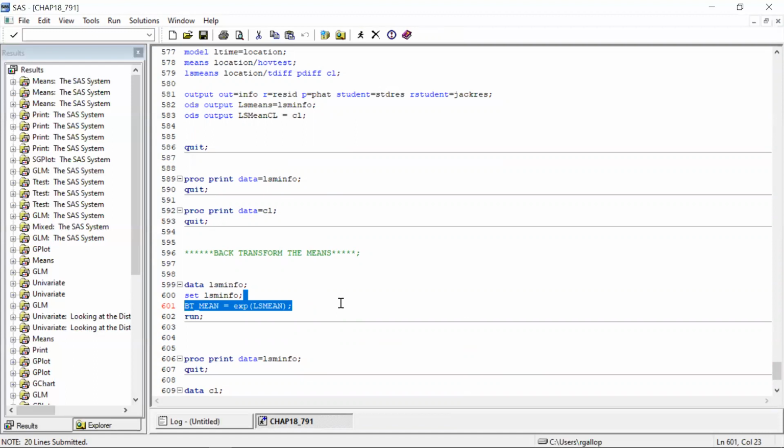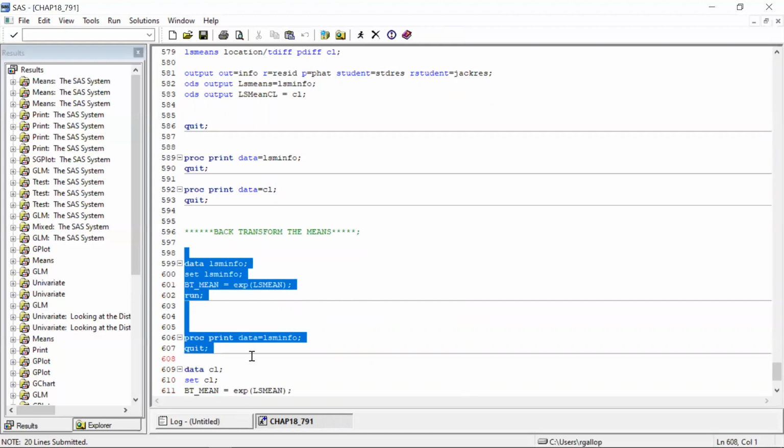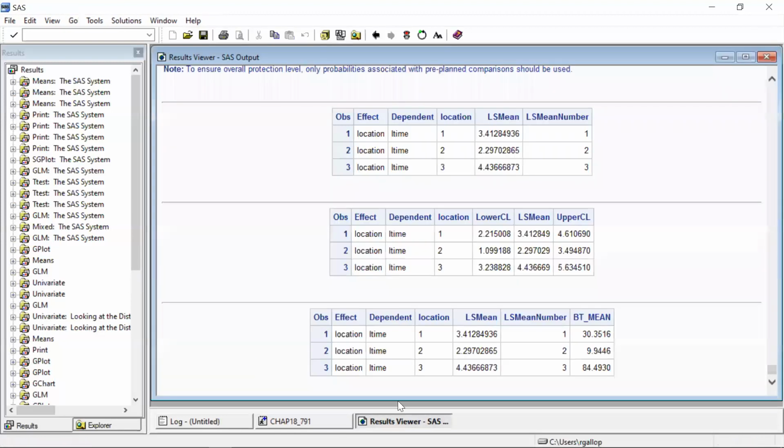So lines 599 to 602, I'm back transforming the estimated means. So for the LS means, we logged them. To undo it, I'm exponentiating them, which I'm doing on line 601. So in line 601, this is giving me the back transformed means.